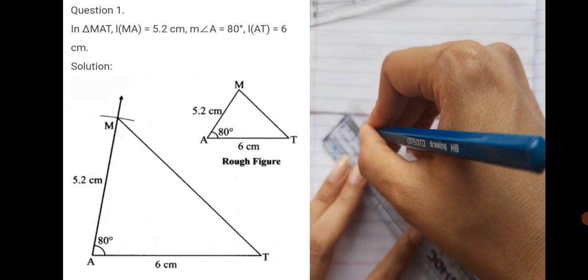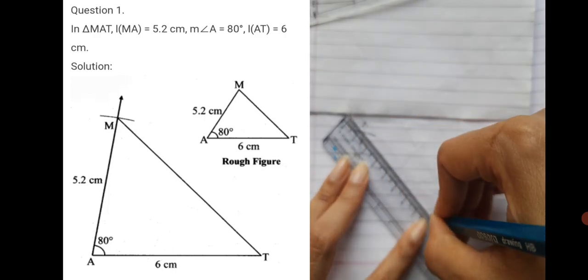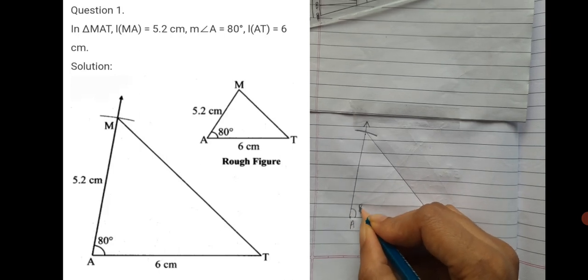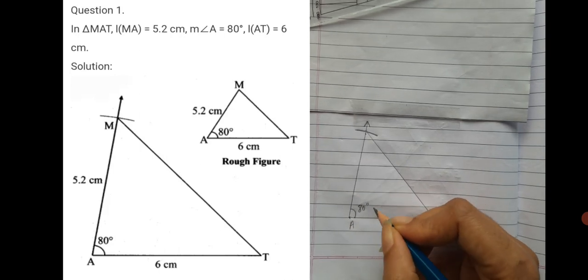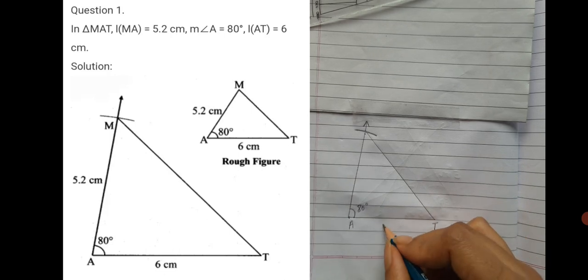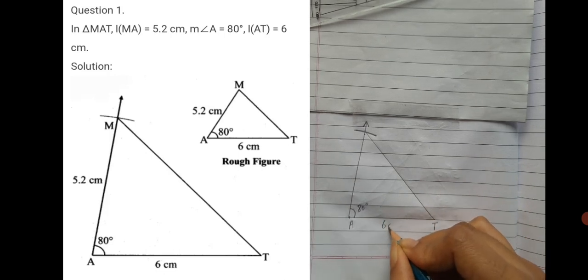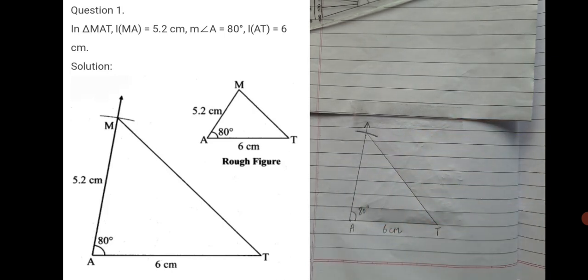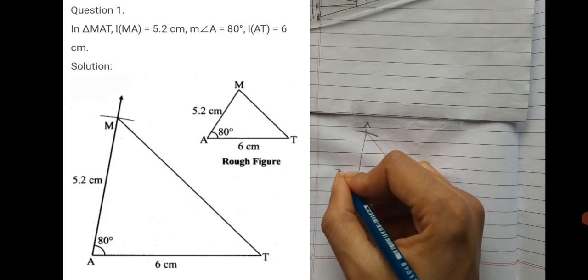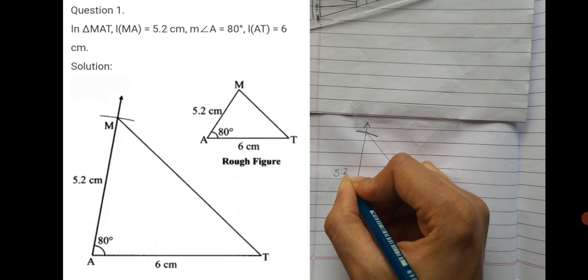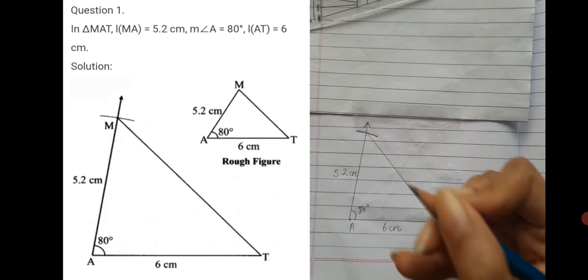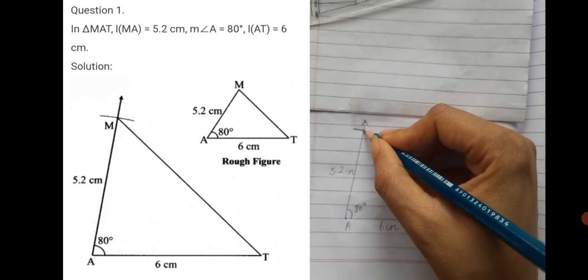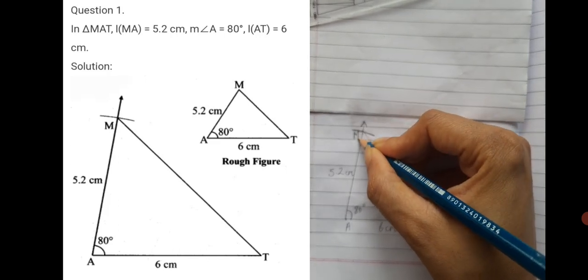Join it to T. So this way we get our triangle constructed, where angle A is 80 degree, AT is 6 centimeter. Point M has been marked, which is MA is 5.2 centimeter. So this way we have completed triangle MAT.